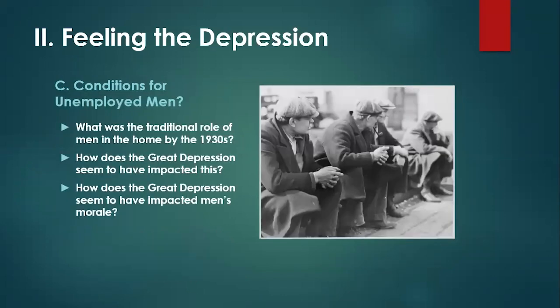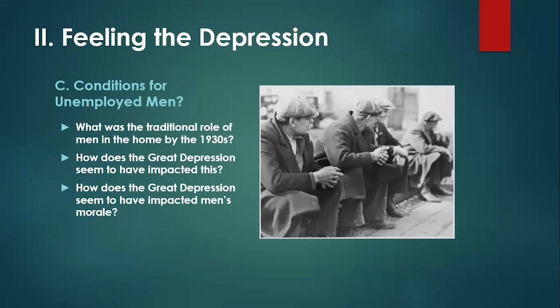In terms of men, we know that the traditional role of men in the American home by the 1930s was essentially to be the breadwinner, the provider for the home. And for some of us in the 21st century, this may require a little empathy, not sympathy. I understand dividing up homes and these traditional dynamics.